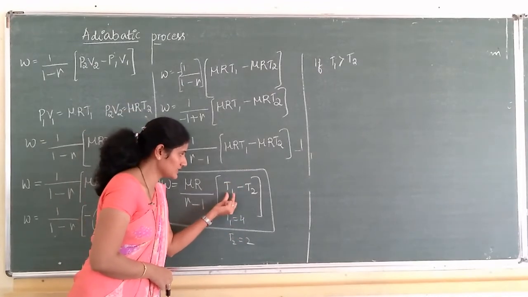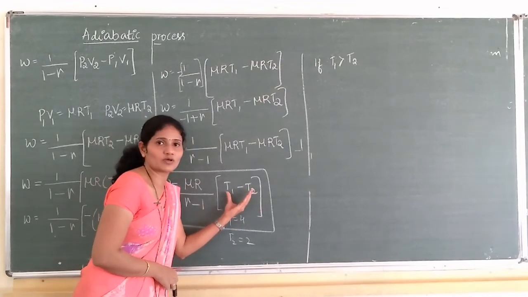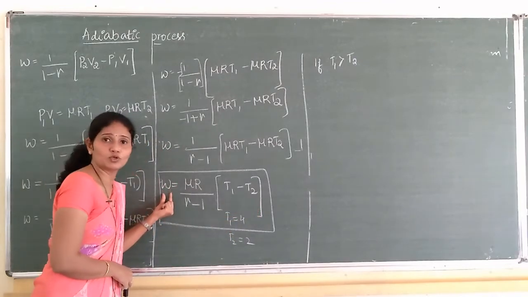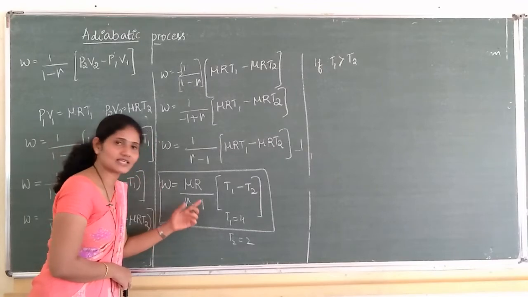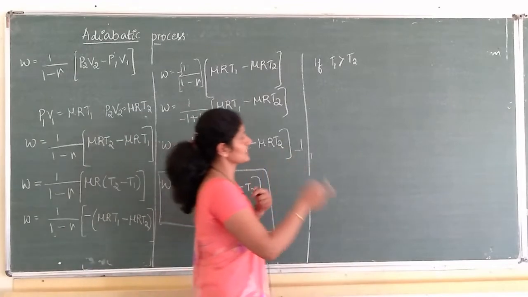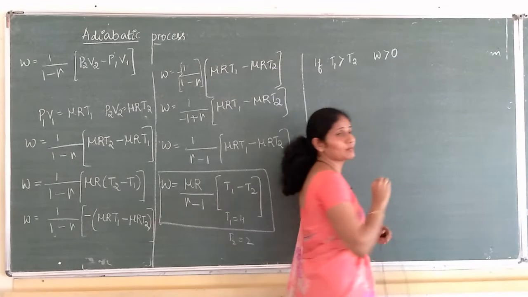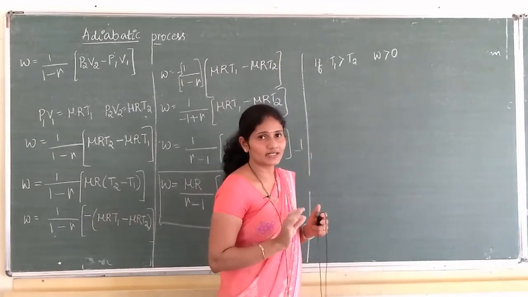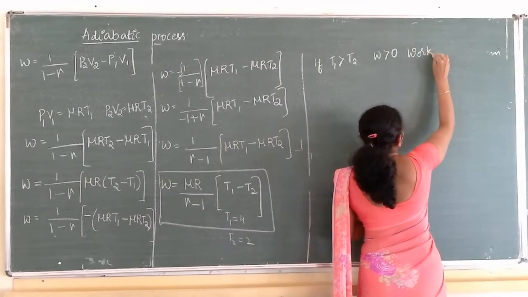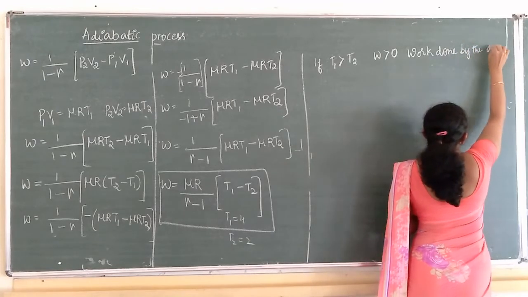So if T1 is greater than T2, then this difference T1 minus T2 is positive. In that case, work done W is also positive because gamma is always greater than 1. If T1 is greater than T2, then W is greater than 0, which means work is done by the gas.